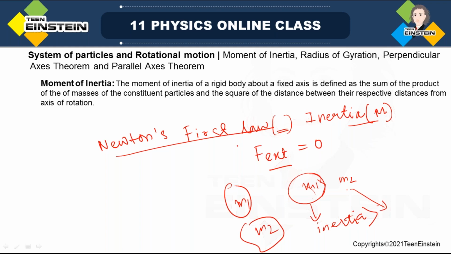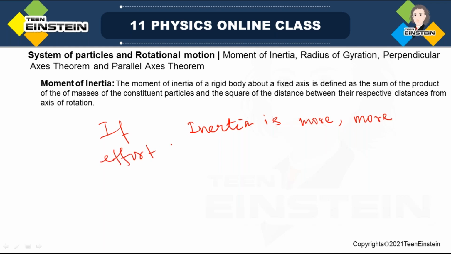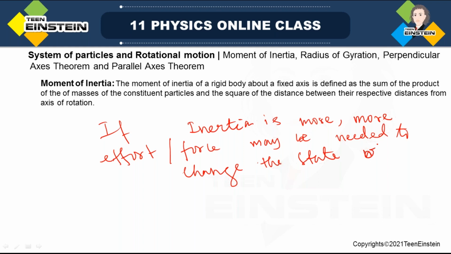We have seen that if the inertia is more, then more effort or force may be needed to change the state of motion of any object.